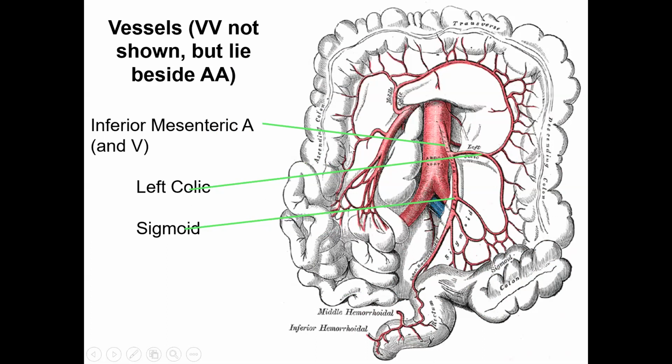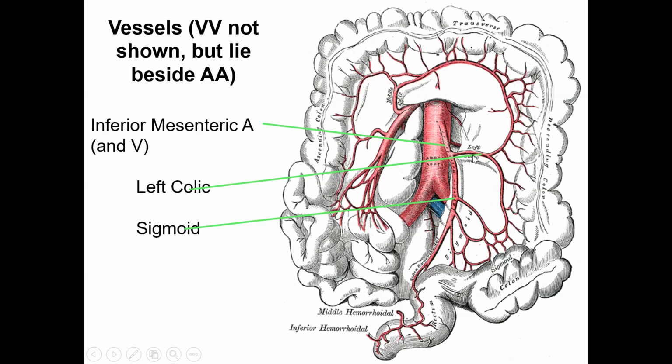Now, the third branch off of the abdominal aorta branches inferior to the superior mesenteric and the celiac. This is called the inferior mesenteric artery. And this only has two important branches that we are interested in. One is the left colic, and that is going to supply the left side of the colon, pretty much the descending colon, as well as the sigmoid artery, and that is going to supply the sigmoid part of the colon, okay?